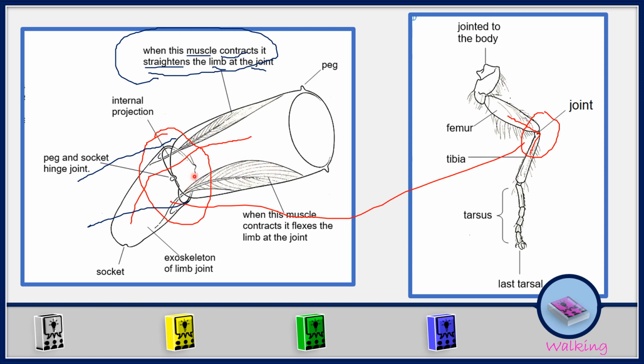The large muscle is the muscle which is contracting, which means that it will be the muscle which is pulling, and the other muscle which is thin will be the muscle which is relaxing. So because this muscle is relaxing, we are not going to see the leg becoming straight. The leg will not become straight. Why? Because the muscle which is contracting is another muscle.